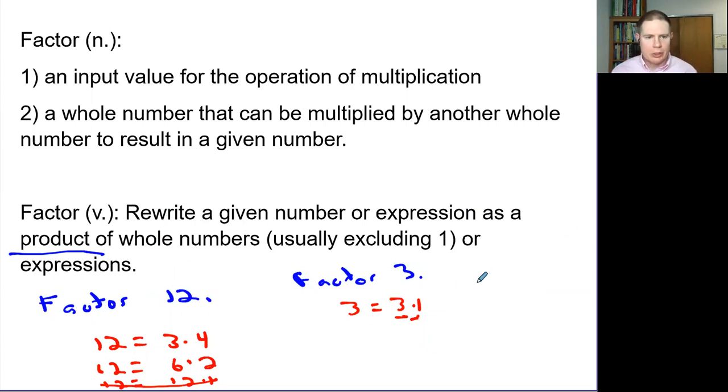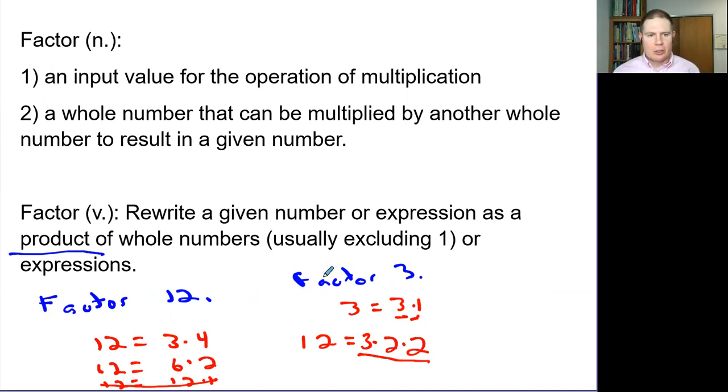Okay? So rewrite a given number as a product of whole numbers or expressions. So we'll get to factoring expressions in a little bit. All right, now, it doesn't say a product of pairs of whole numbers. Right? It's not just these two, it is also this one. So the question is, how do we get to this one? And how do we differentiate it from either of these? Right? And that process is a way of coming up with all of the factors of 12. So a quick note before we move off of the screen.